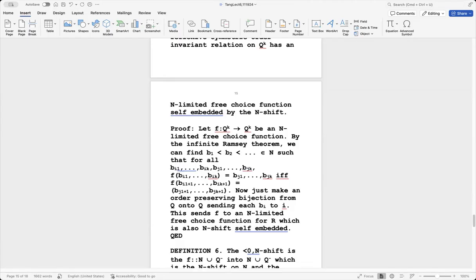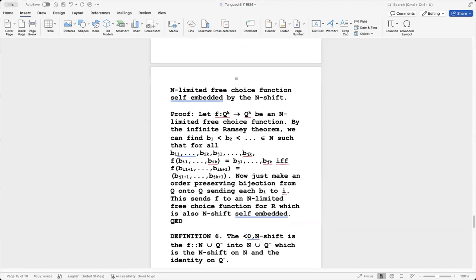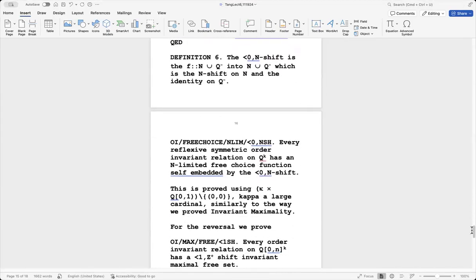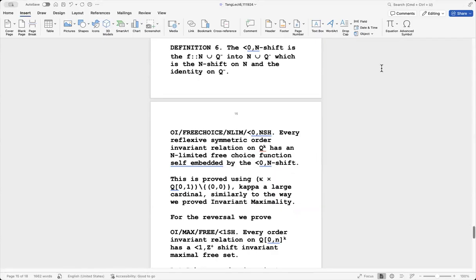So now we want to get into the independent statements, the strong statements. As usual, we introduce parameters. The way these parameters work here is we look at what I call the less than 0 n-shift. The less than 0 n-shift is the function, this is partial, right, from N union Q minus into N union Q minus, which is the n-shift on N and the identity on Q minus.